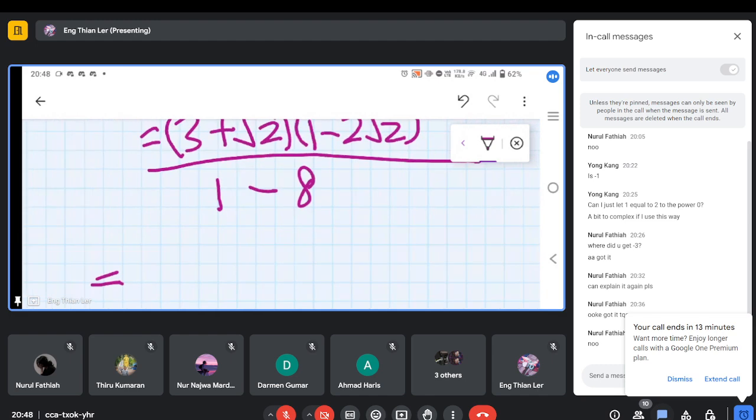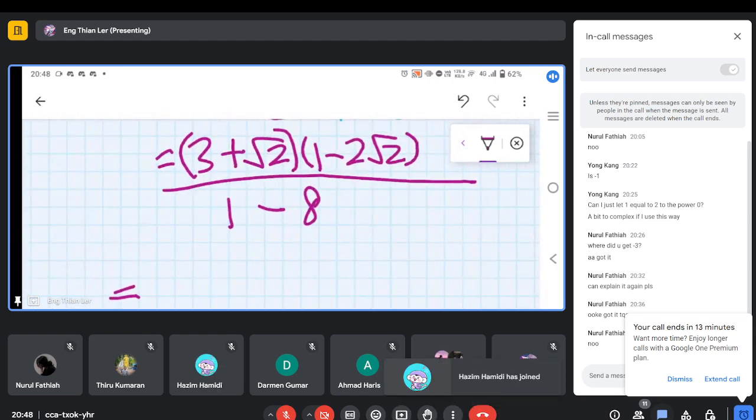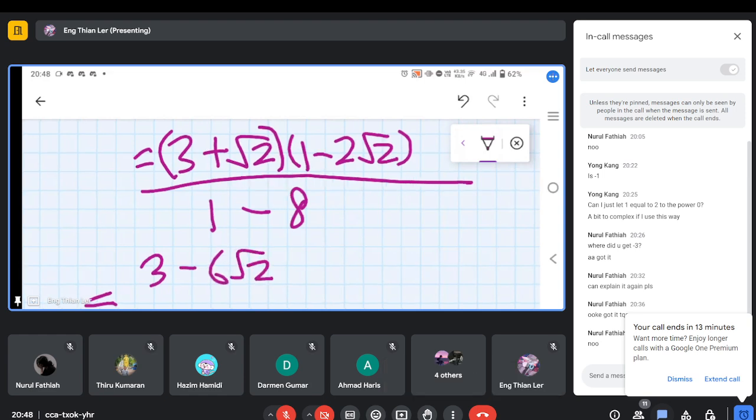Okay, now let's start multiplying. 3 times 1 is 3. 3 times negative 2 root 2 is negative 6 root 2. Root 2 times 1 is root 2.